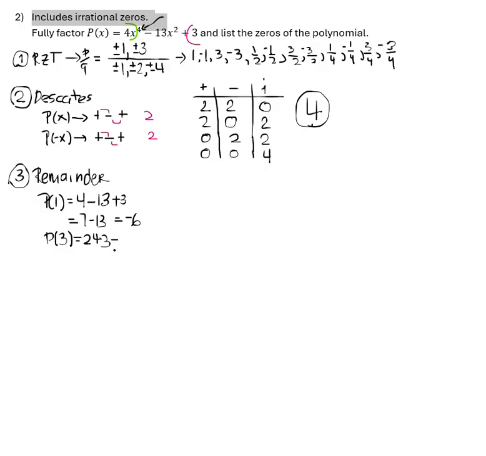Wow, 13 times 9. That's 90 plus 27, so that's going to be 117 plus 3. If I gather my positives, that's 246 minus 107. Well, it's not 0.